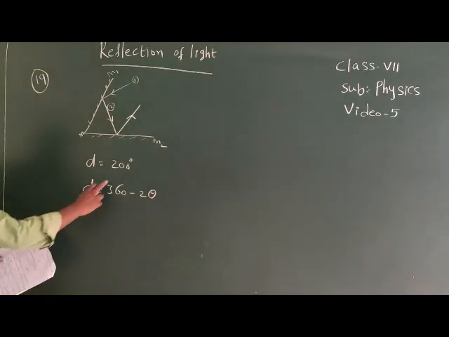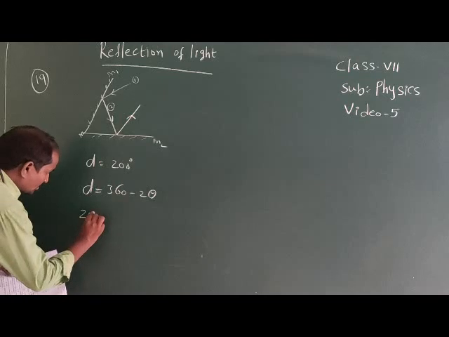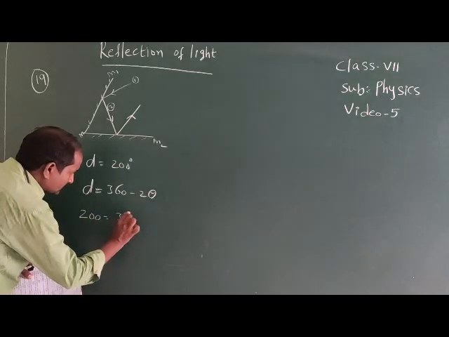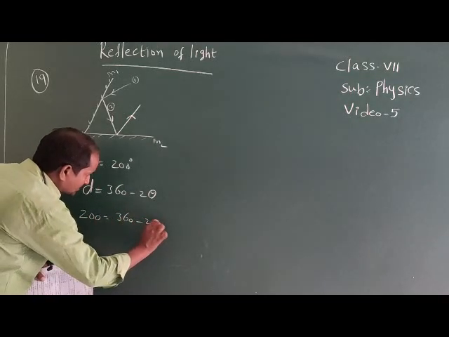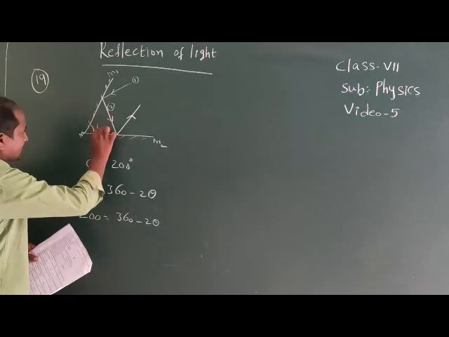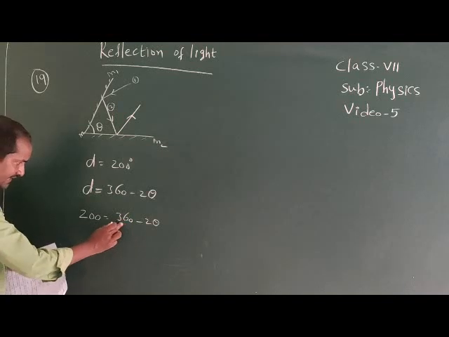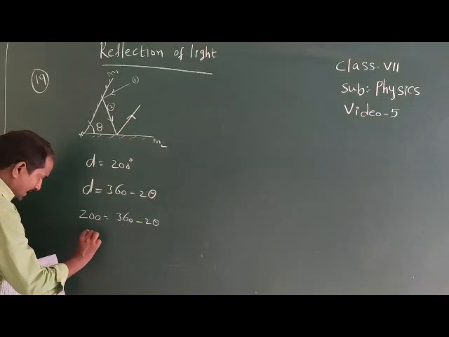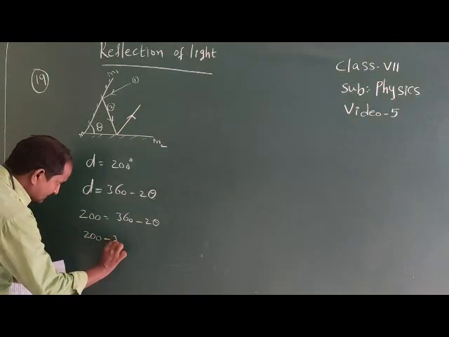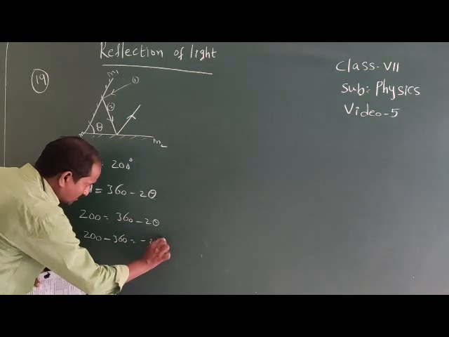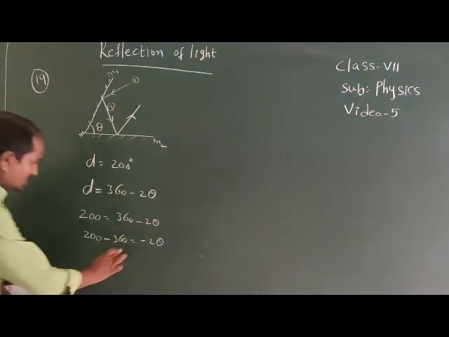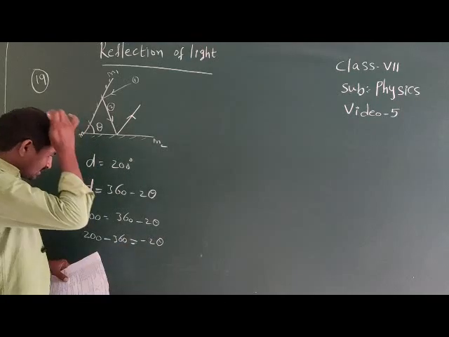So here d equals 200. So 200 equals 360 minus 2 theta, where theta is the angle between the two plane mirrors. Bringing 360 to this side, 200 minus 360 equals minus 2 theta, that is minus 160 equals minus 2 theta.